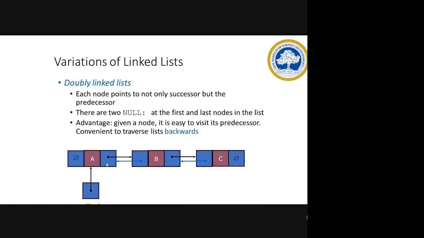A will hold the address of the next node; since it's the first node, initially there will be a dummy address stored there. A will hold the address of B, B will hold the address of A as well as C, and C will hold the address of B.